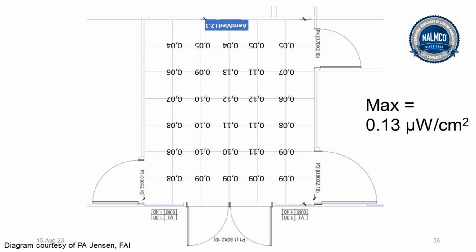Now, I apologize, this slide is upside down, but it was originally made the other way, and I presented it this way because I wanted to show what the irradiance levels were in relation to the original photograph.